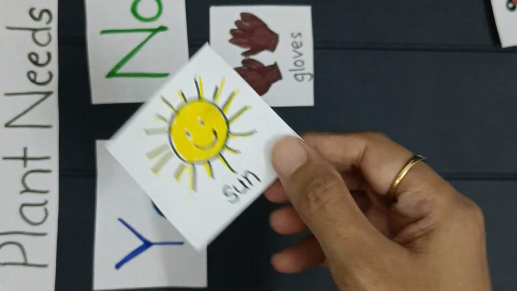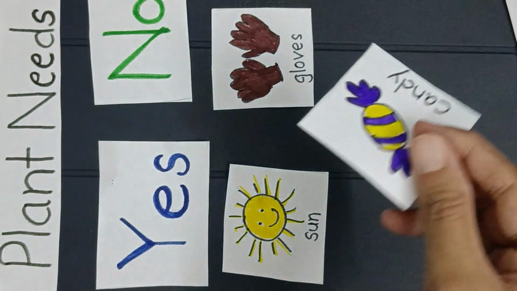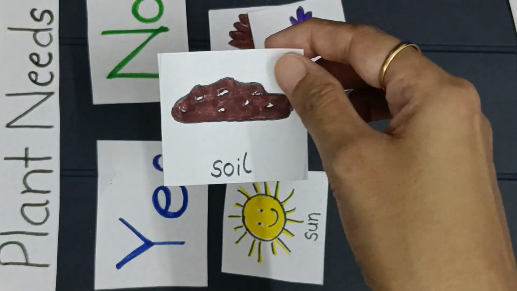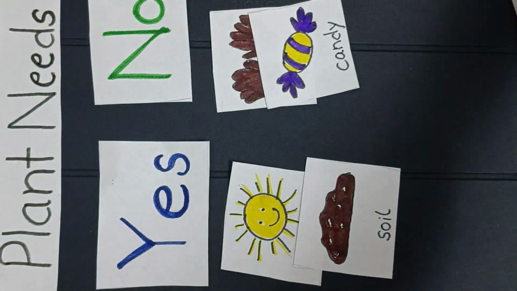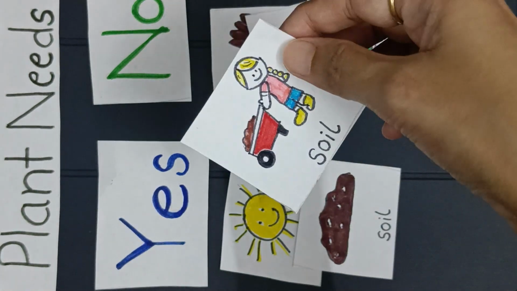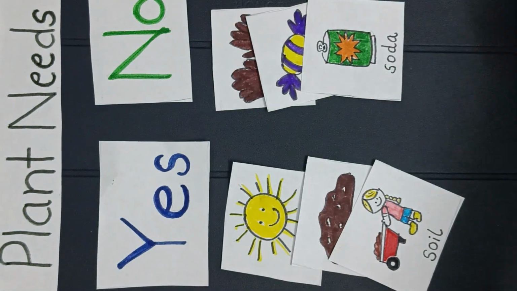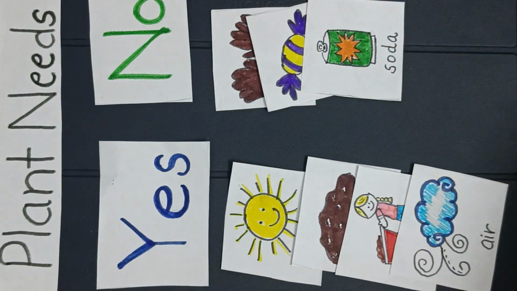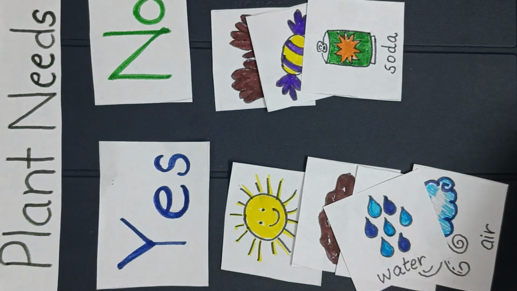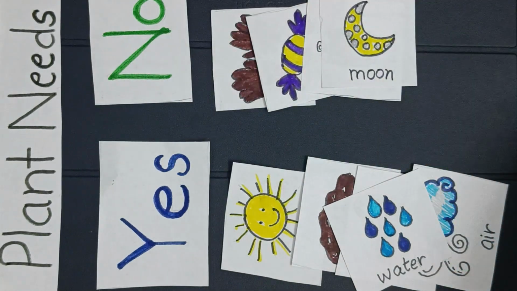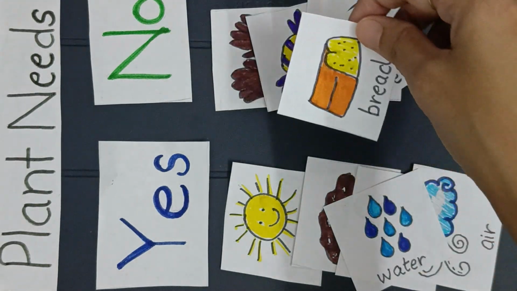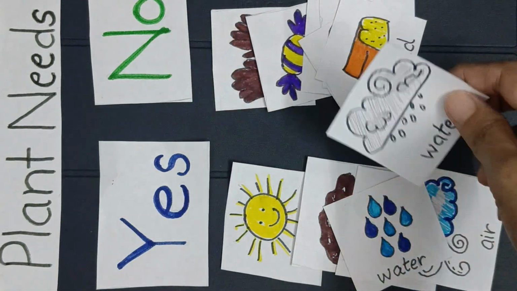And then sun, yes, candy, no, soil, yes, soda, no, again soil, yes, air, yes, water, yes, moon, no, shawl, no, bread, no, water, yes.